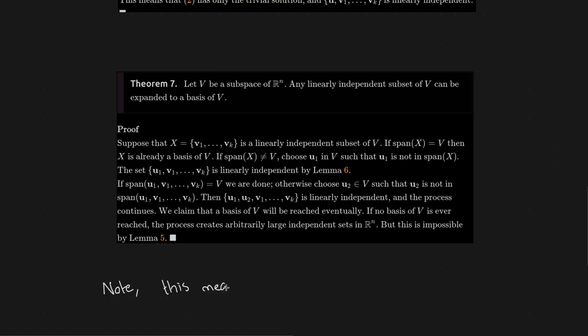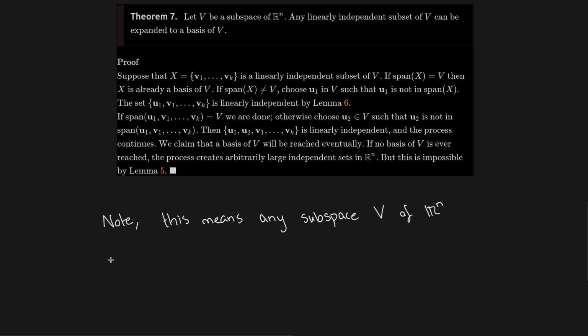This means any subspace V of Rn is a span of vectors.